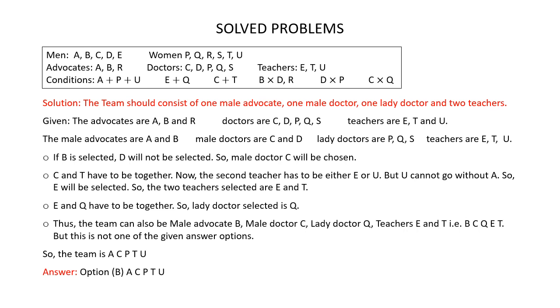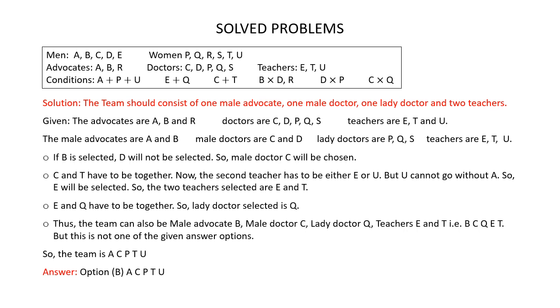Let's now find out what the team would be if we select male advocate B instead of male advocate A. So we select male advocate B. Now according to the condition given, we know that B cannot go with D and R. So if B is selected, D will not be selected. So we know that the male doctors are C and D cannot be selected. So the male doctor selected will be C.